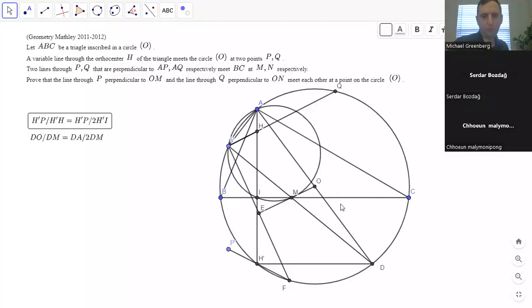And that's true because angle PIA is equal to angle PMA.